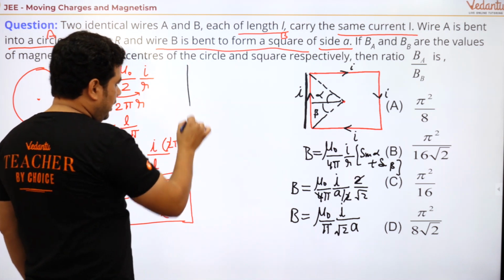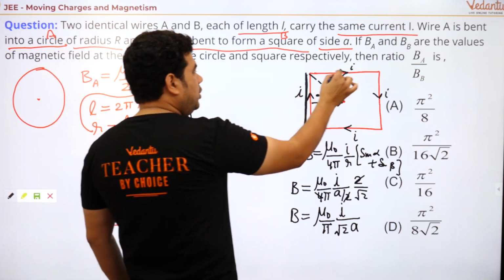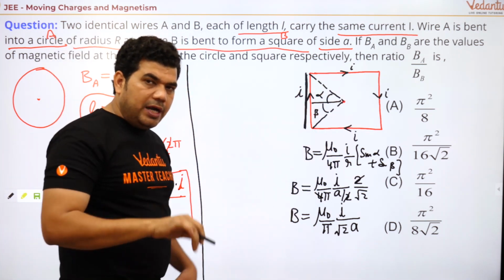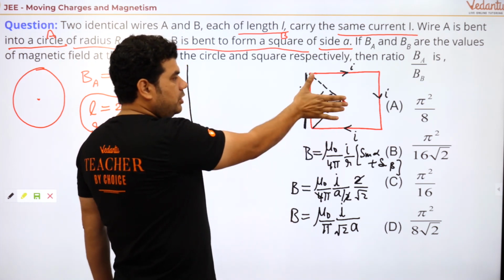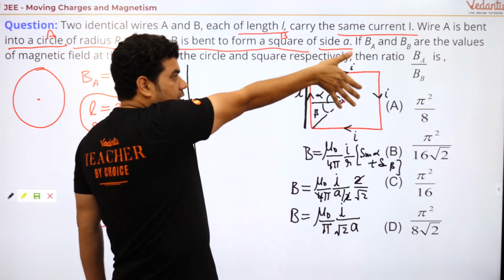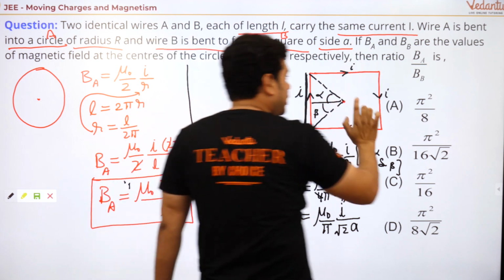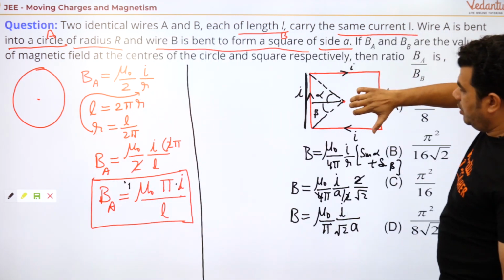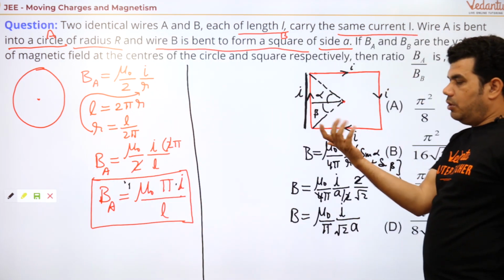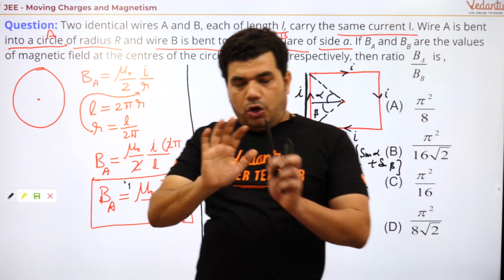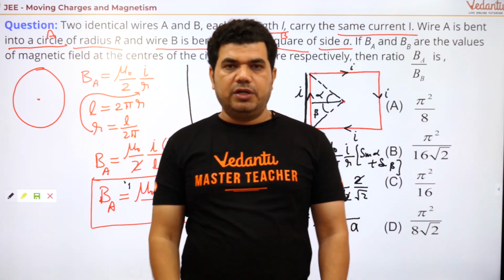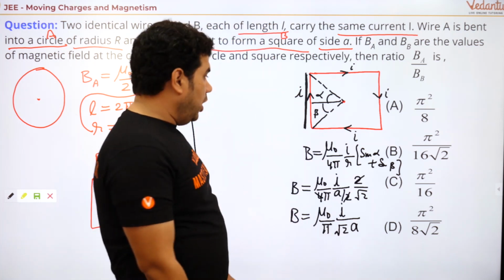If we want the total magnetic field, why will we add all four? Because the magnetic field due to this wire is inward, due to this wire inward, due to this wire is also inward, due to this wire is also inward. When all the 4 magnetic fields are inward, then we should add them and all are equal.